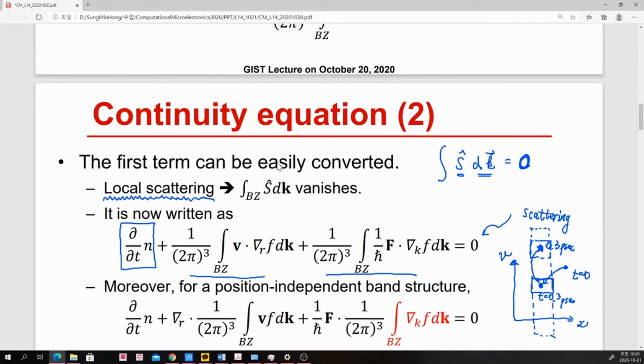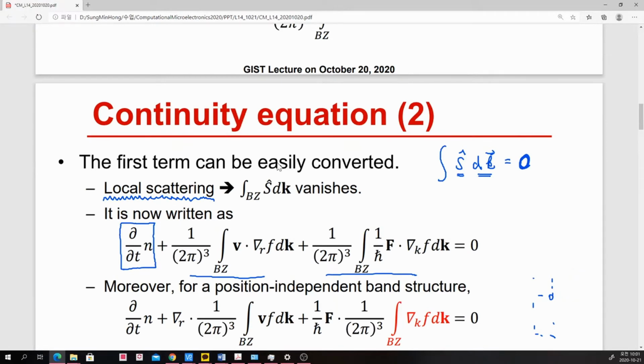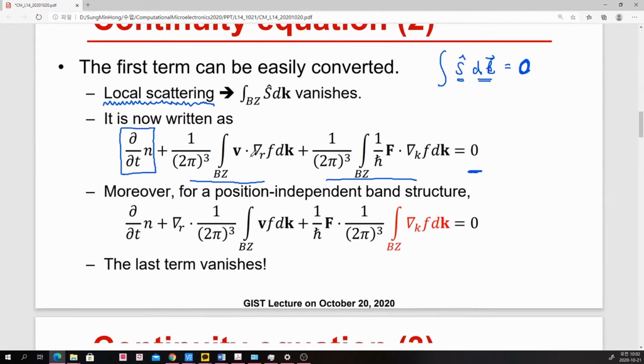Okay, so now we can say the terms related with scattering on the right hand side should be 0.